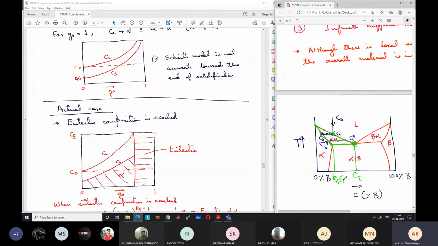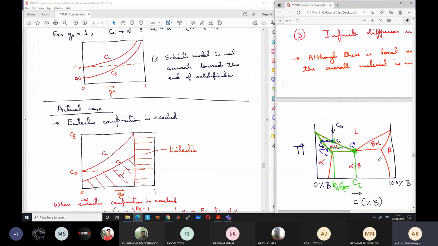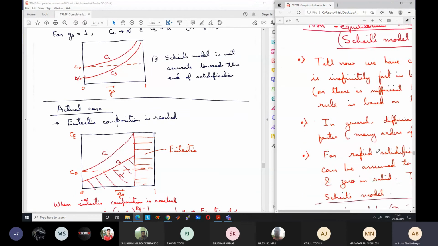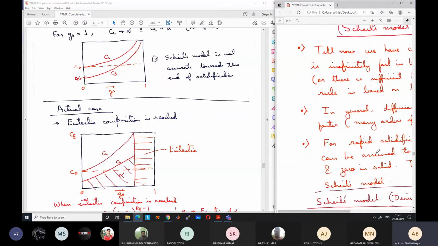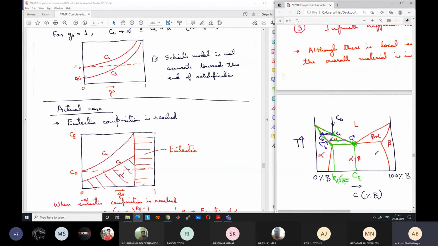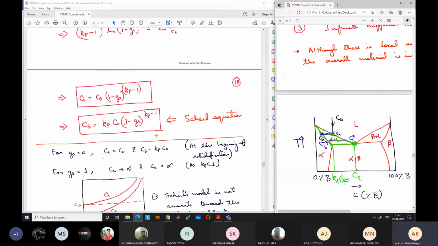When the liquid concentration becomes equal to Ce and the solid concentration becomes equal to Kp into Ce, then the rest of the liquid solidifies at concentration Ce using eutectic solidification, like what we had shown previously. It just solidifies at that eutectic concentration in this lamellar form. So the rest of the solidification proceeds in a different manner.